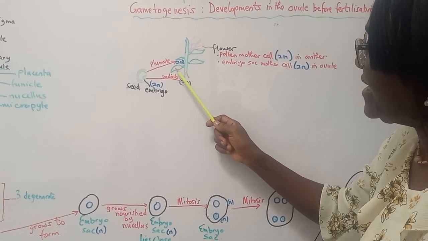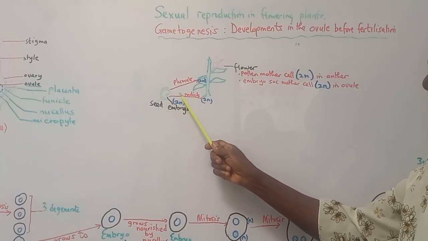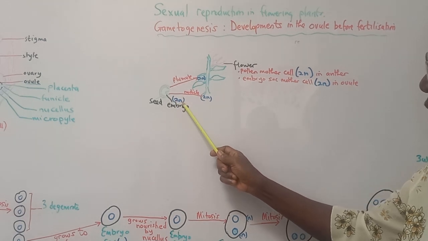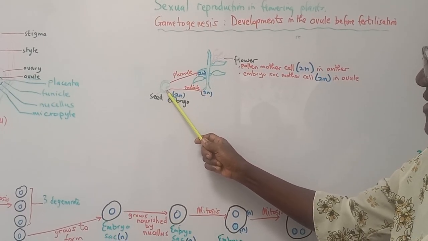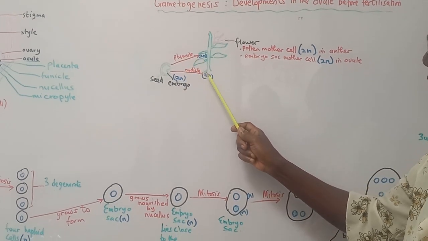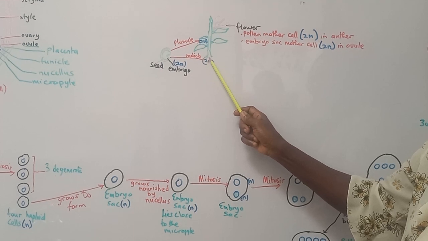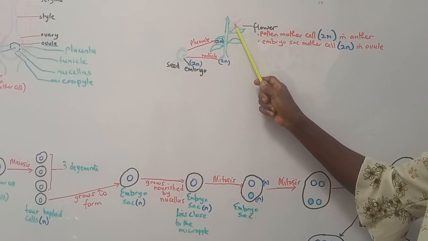Well, here's a plant. This plant actually was formed from a seed. The spore mother cell, just like the pollen mother cell, is 2N. It starts from the seed. See, the seed is 2N. It forms the radicle, the plumule, and then mitosis and differentiation produce all these parts, including the flower.